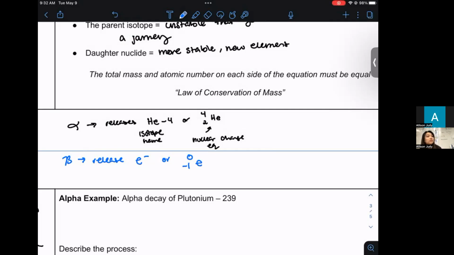Diego? Okay, they travel 3 to 6 feet. What else do we know, Roman? Okay. What else do we know about them, Lily? Beta particles travel 3 to 6 feet. Okay, what else do we know about them? What can they be stopped by?